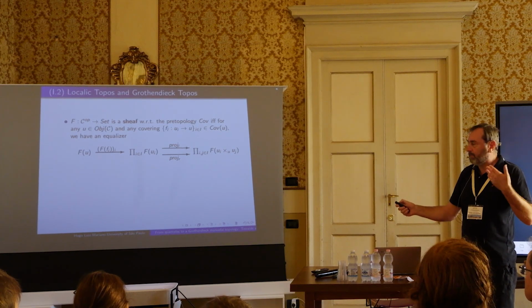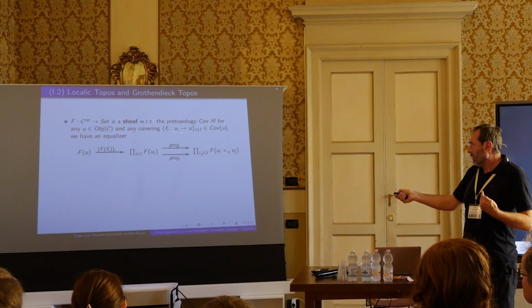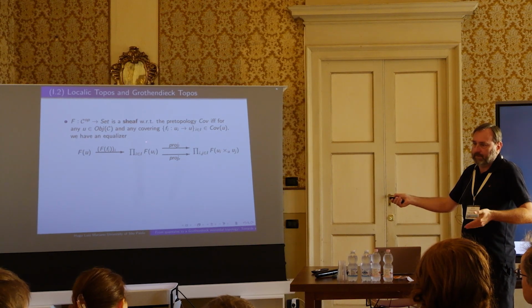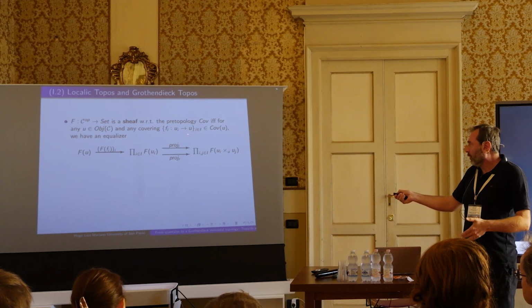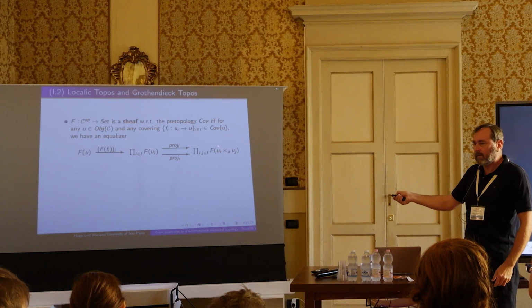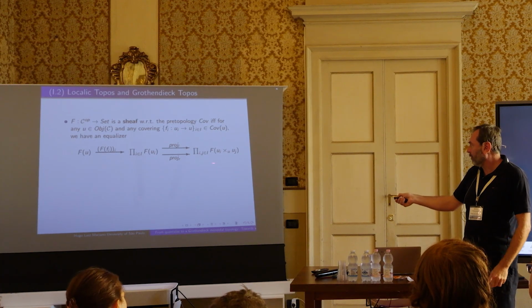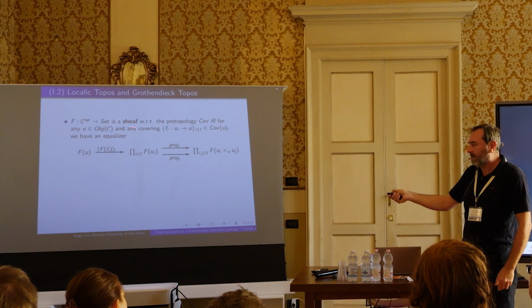So we can define a sheaf over a category with finite limits or pullbacks and a covering notion, a pre-topology, just replacing the infima by pullbacks here and writing an equalizer diagram.